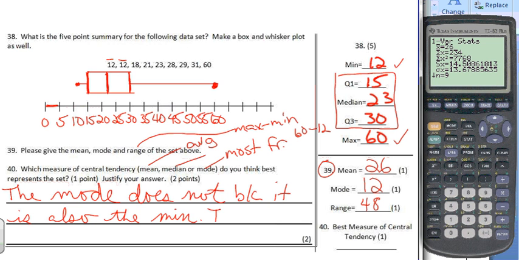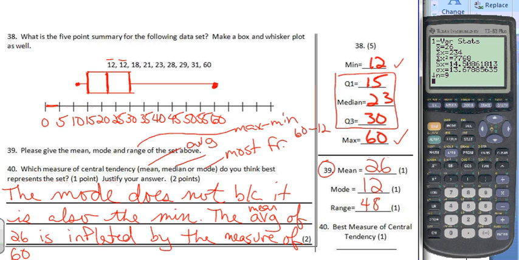Okay? I also think that the average, or the mean, of 26 is inflated by the measure of 60 in the set. I think that 60 is pulling the average up, and I don't think the average is then enough into the center to represent the set well.